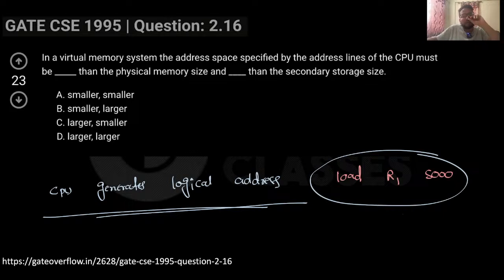They are saying that since the CPU has to generate the logical address, and they are saying the address lines of the CPU, the relation is that the physical memory should be lesser than whatever virtual memory you are allowing, right? You are saying that okay, you can extend to this point.